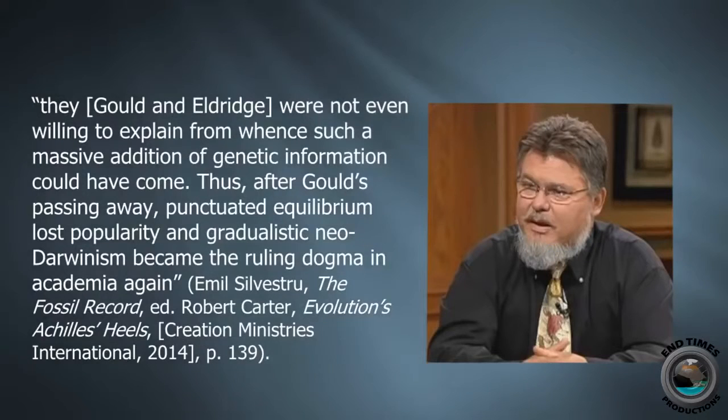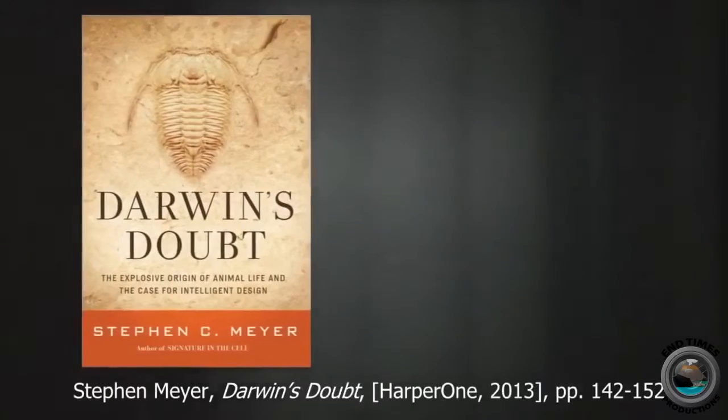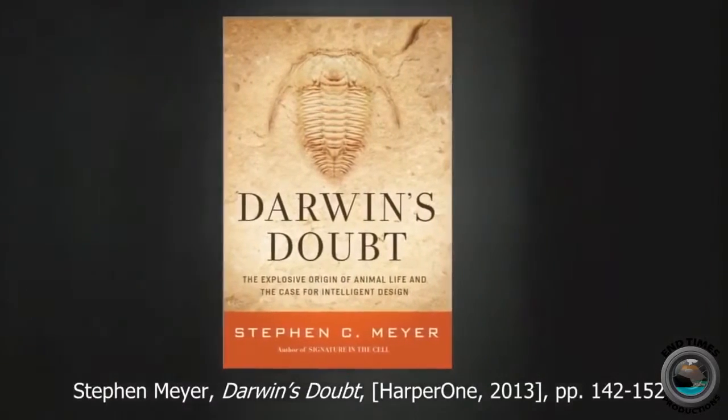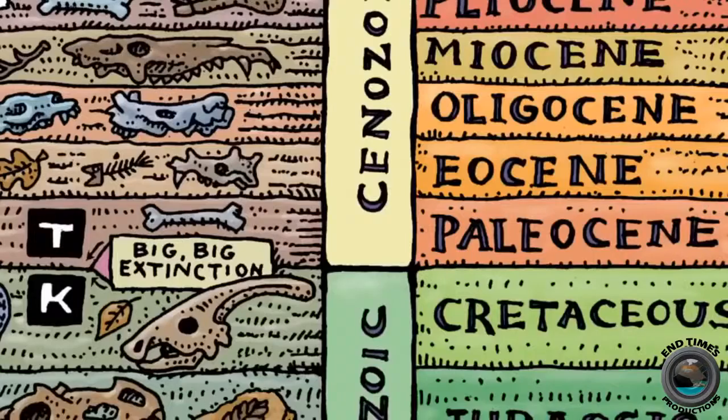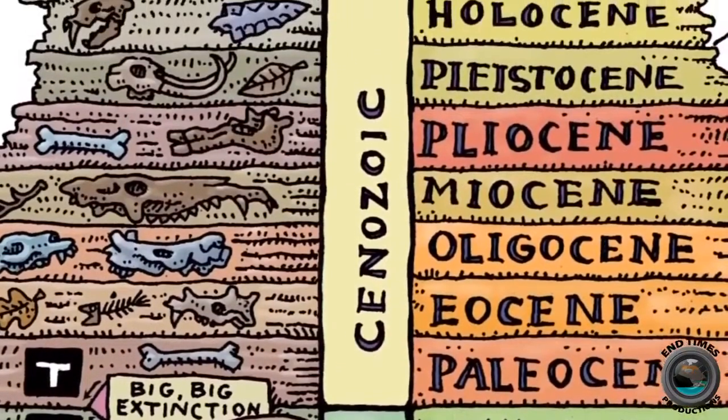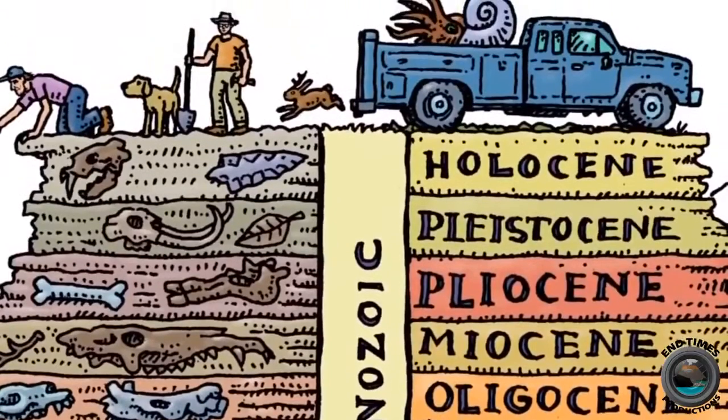Thus, after Gould's passing away, punctuated equilibrium lost popularity, and gradualistic neo-Darwinism became the ruling dogma in academia again. In his work Darwin's Doubt, Stephen Meyer showed many other problems with punctuated equilibrium as well. Hence, the fossil record problem Gould admitted existed still remains.